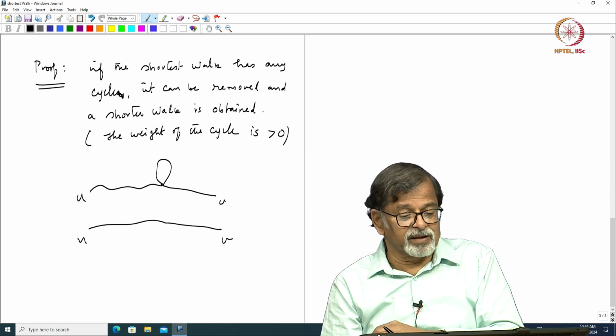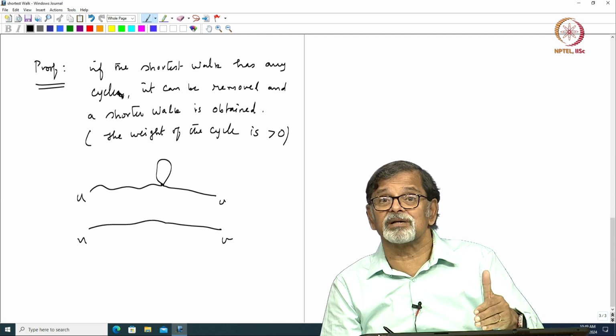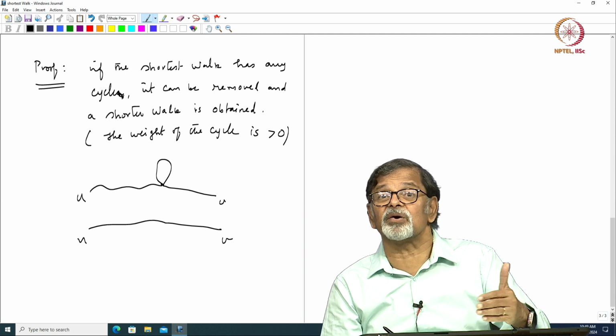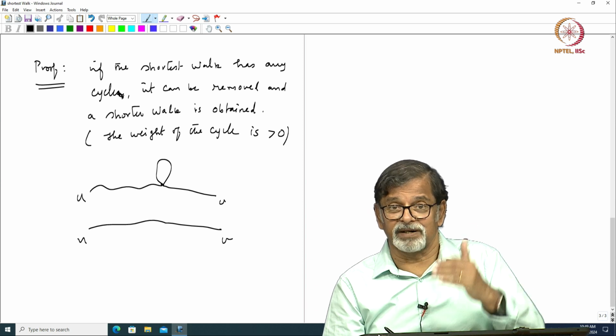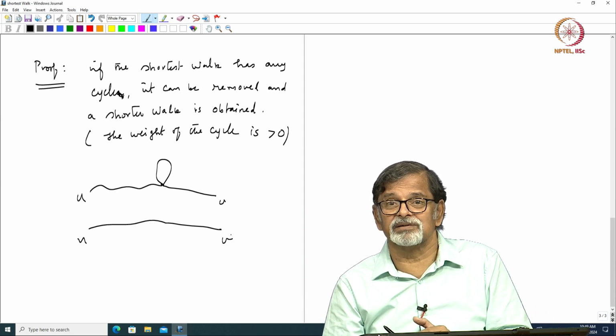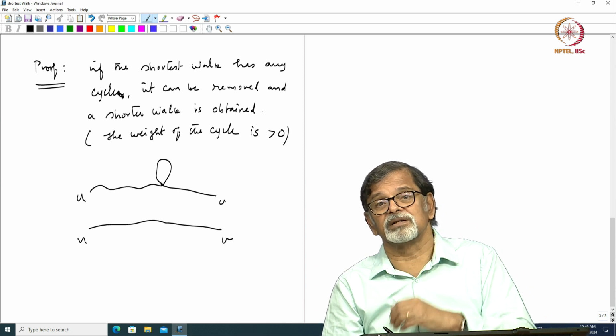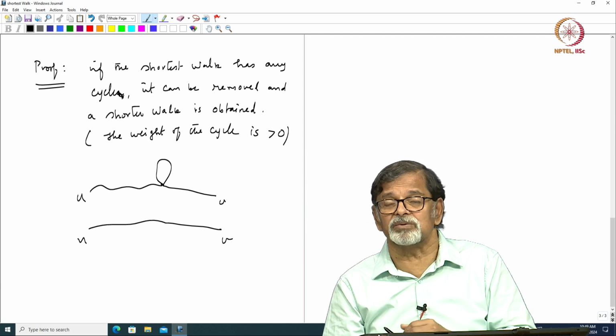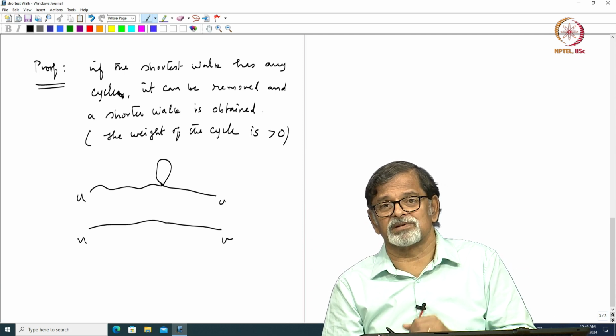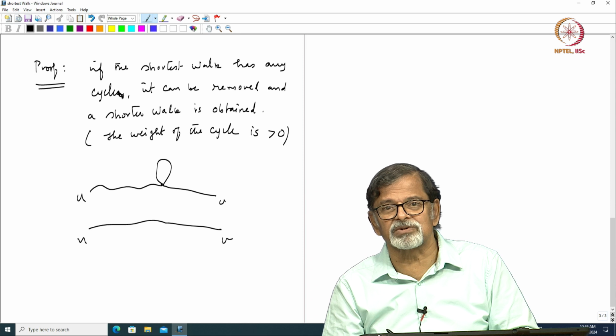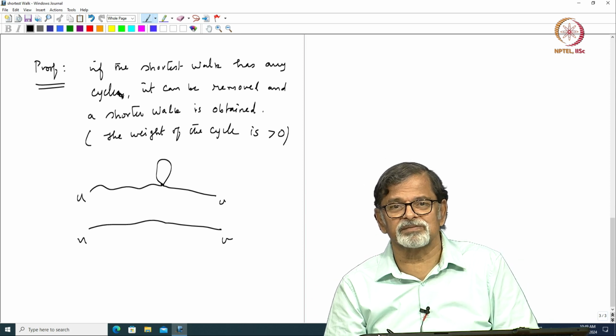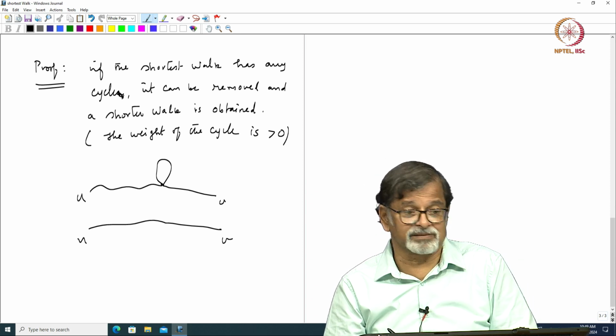Therefore, the shortest walk cannot be shortened further. By definition, that is the shortest. If there is a cycle, it can be reduced. Since it is not possible to reduce, there are no cycles, there is no repetition. Okay.